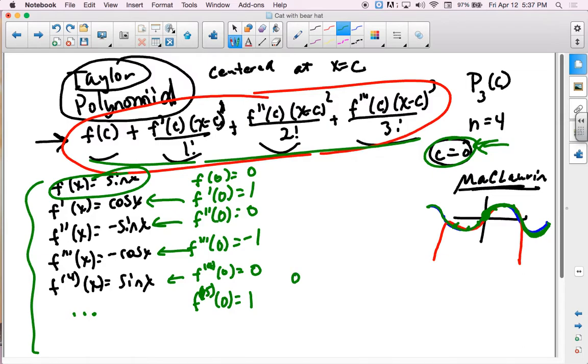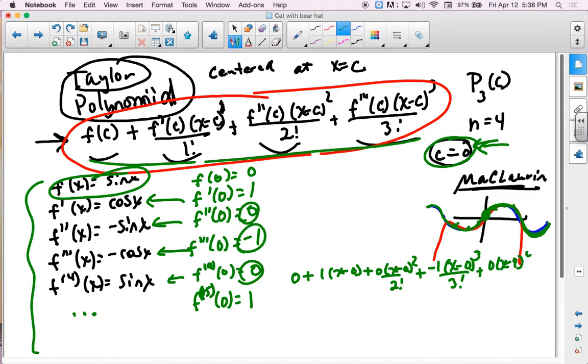So I go f of 0 plus f prime of 0 times x minus 0 to the first over 1 factorial, plus the second derivative at 0 times x minus 0 squared over 2 factorial, plus negative 1, the third derivative, times x minus 0 to the third over 3 factorial, plus 0 times x minus 0 to the fourth over 4 factorial, plus 1 times x minus 0 to the fifth over 5 factorial.